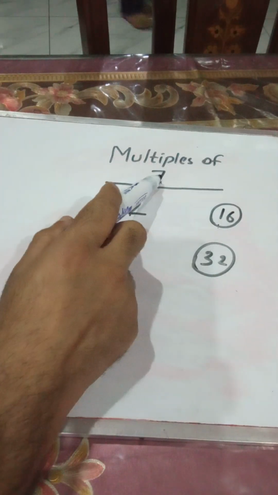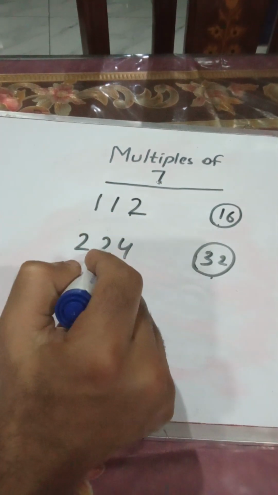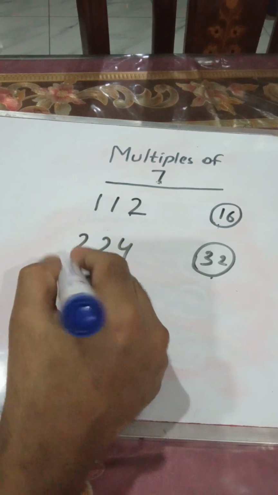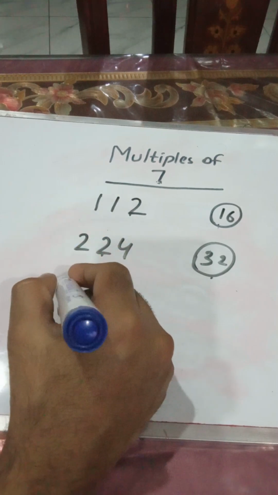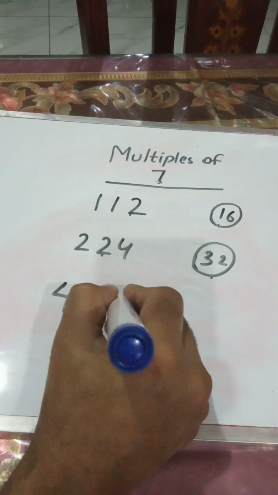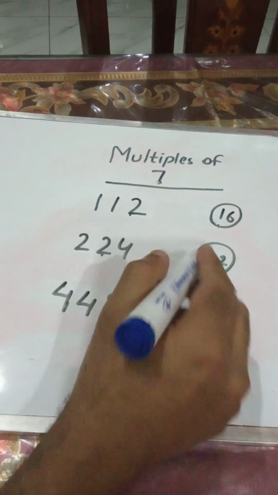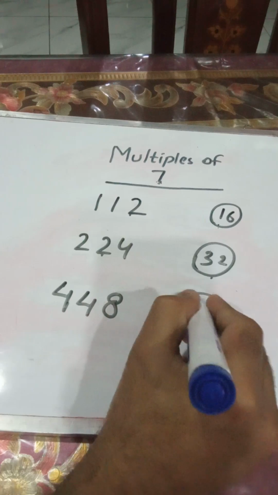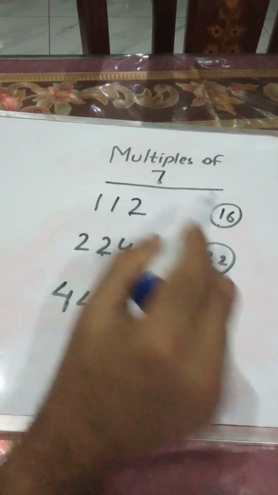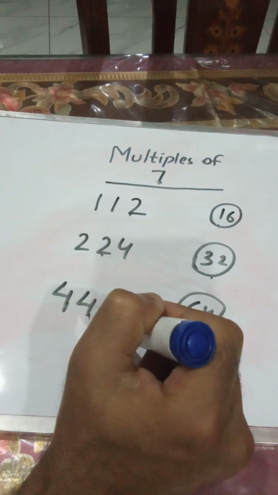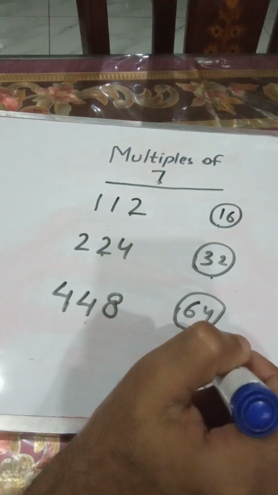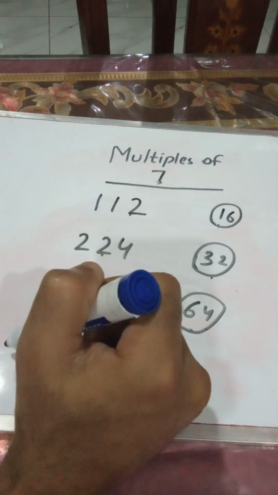So 7 32 times is equal to 224. Similarly, the double of 224 is 448, and the double of 32 is 64. So 7 64 times is equal to 448. If you multiply 7 by 64, you will get 448.